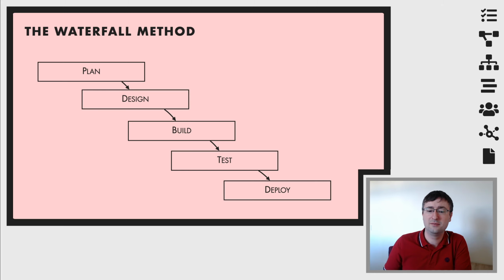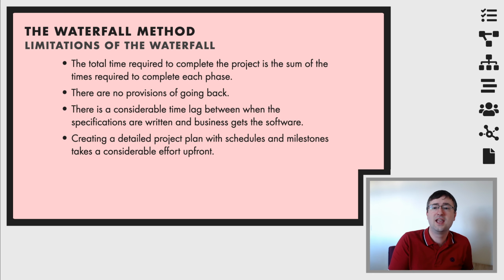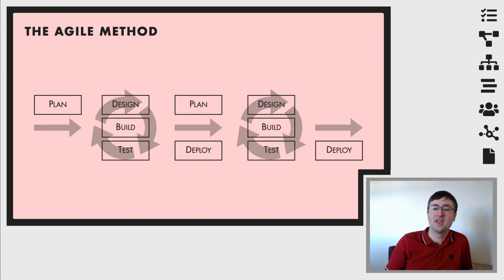So the first time that a user is going to see the product that you've created for them is in the fourth step, maybe even in the fifth step in the deploy stage. So it can create significant challenges in actually responding to changes that happen. Which is why Waterfall works really well in some areas, but for areas with fast-moving requirements, it's not going to work as well.